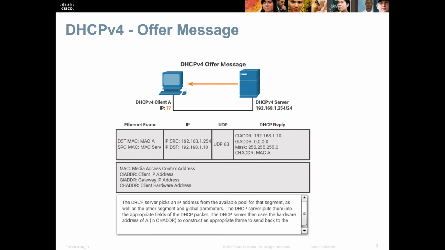So now here comes the offer back. Now the server knows more about this situation because he knows who he is. Okay, so here's the media access control. I'm going back to you, right? So I got you, and here's my media access control. And more than that, this is me coming back.